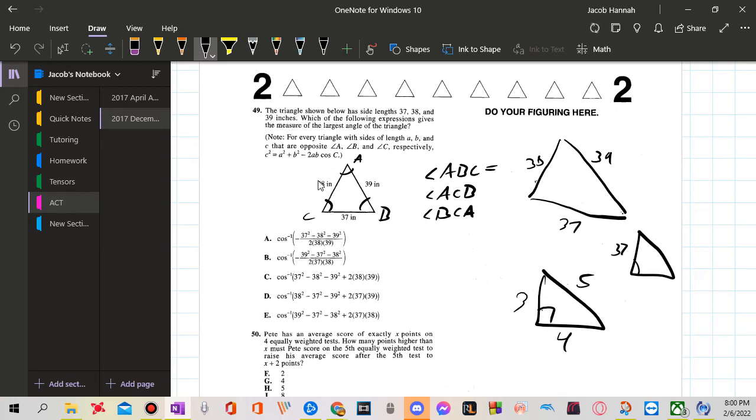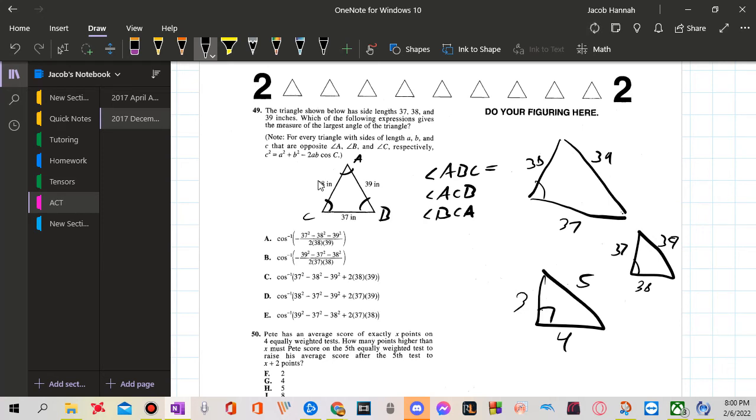That's not a right angle here, but it is between these two. So let's redraw this triangle, with the angle between the two smallest sides.